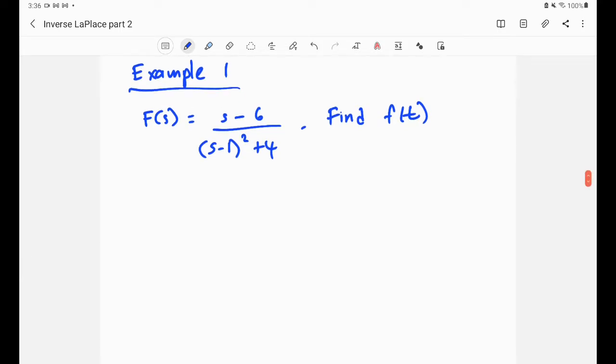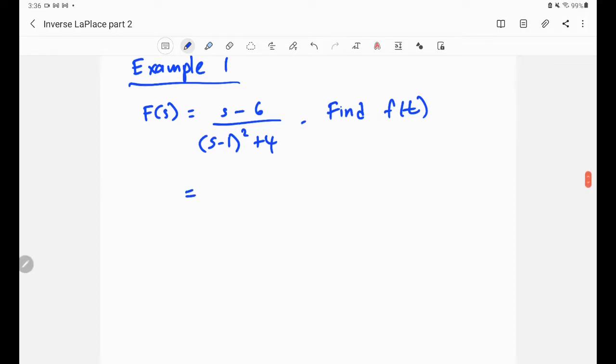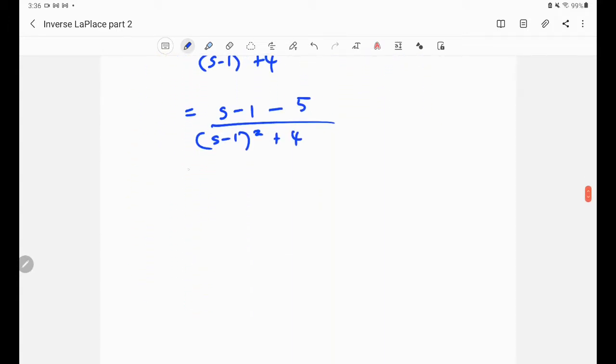So from here we need to change the shape of F(s) into a form that you can inverse directly, and it seems like one way to do that is to change it into this form. So then you can put it as this.